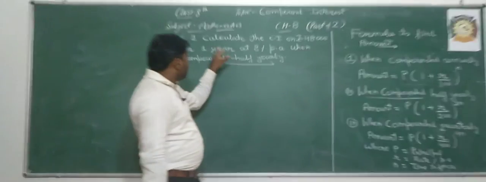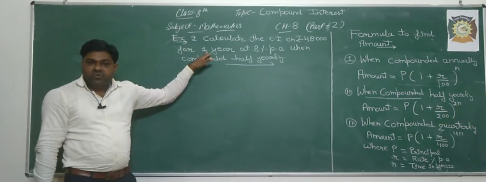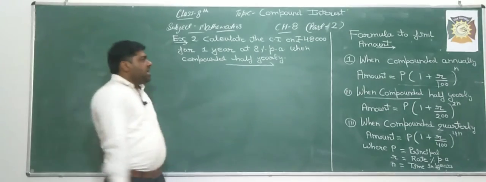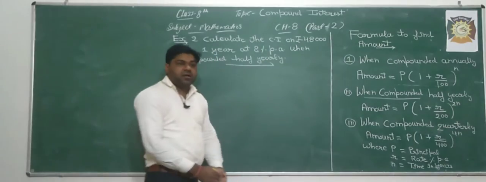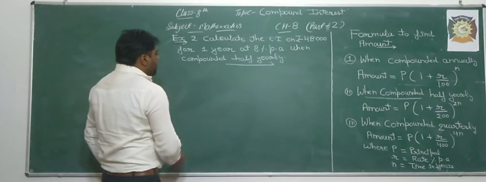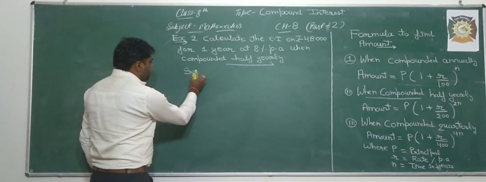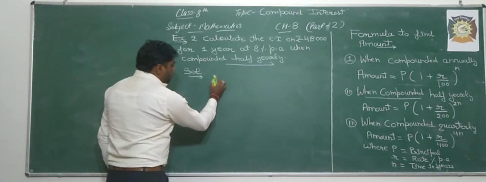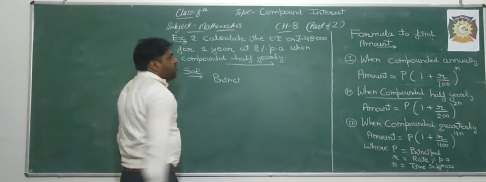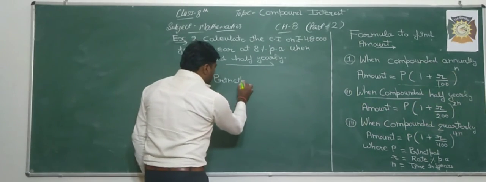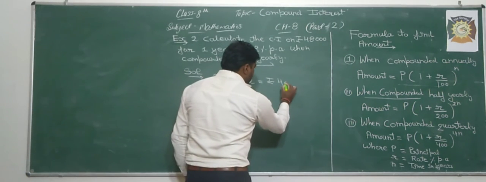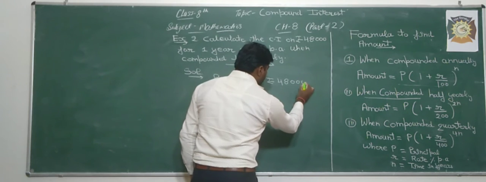Now because time is given in years, that means we have to multiply the time by 2, because there are 2 half years in 1 year, and rate percent is per annum, so we have to divide the rate by 2. So first of all write the given things, because we have to calculate the interest on this amount 48,000. So this is the principal here. It is 48,000.